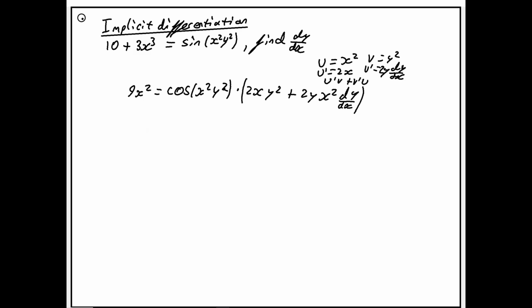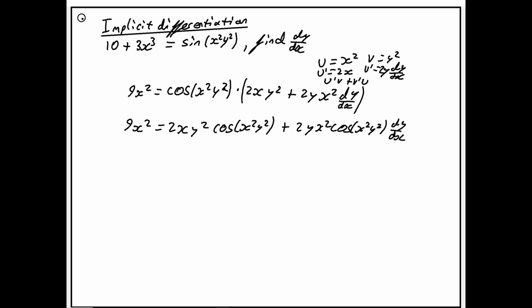We're going to rearrange now for this dy by dx, but first of all, we'll multiply out the bracket, then plus 2y x squared cos of y squared x squared dy by dx.